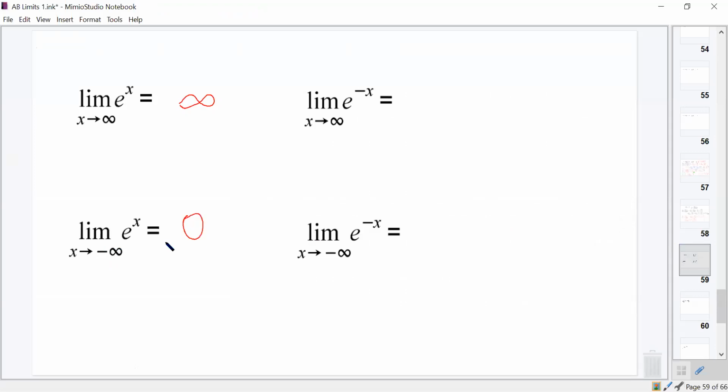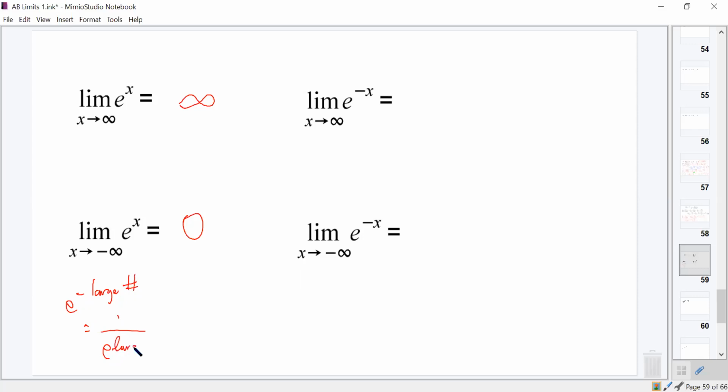And we can think about just plugging in a very large number to each of these, right? If I plug in a very large positive number, well, I have e to the power of a very large positive number. That's going to get huge. And here, if I have e to the negative large number, well, what does the negative in the exponent do? That negative should drop that into the denominator.